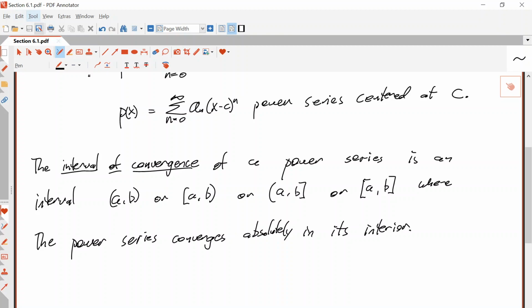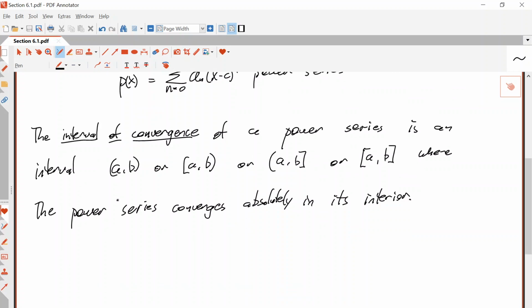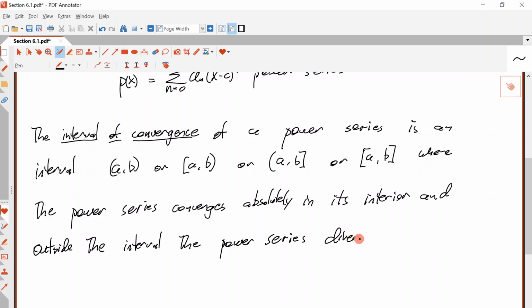On the boundary, it could be conditional convergence, could be absolute convergence, we don't know which, but outside the interval, the power series diverges. Okay.